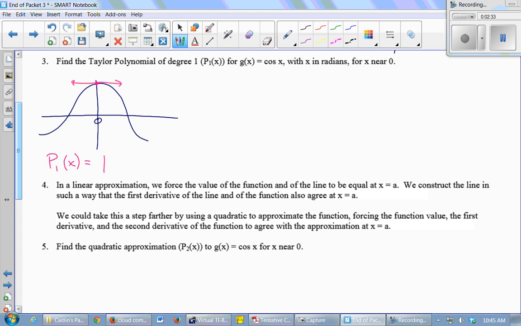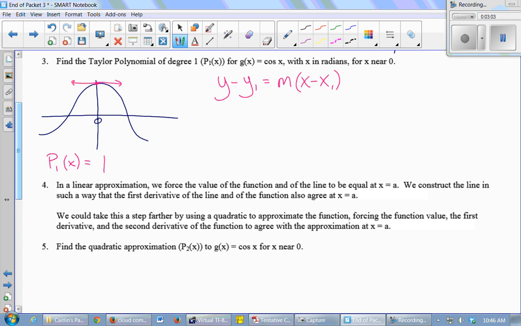But let's review how we can get there using calculus, right? So the equation of any line, with the exception of a vertical line, is going to have this y minus y1 equals m times x minus x1 form. You could also use y equals mx plus b. I just like this one because there's a little less calculation. All right, so the first thing I want is the slope.